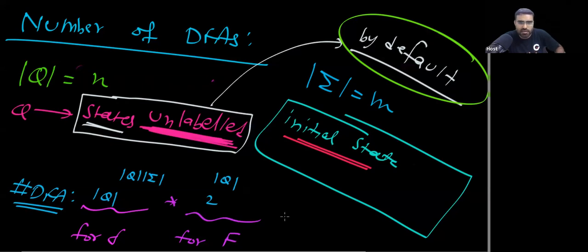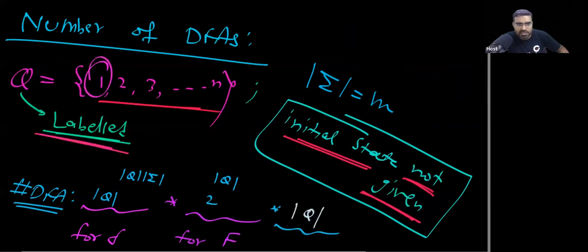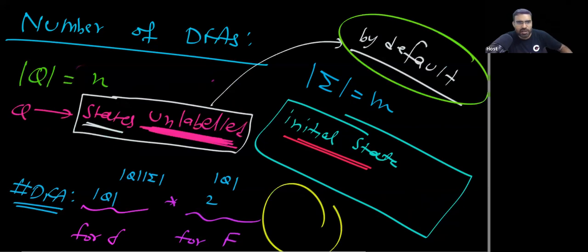In the previous question, you could make this the initial state, or this, or this. But if states are unlabeled, it's like everything is 1, 1, 1. Does it matter? No. So you don't have to multiply. Is this point clear?